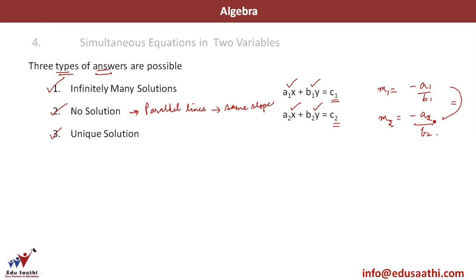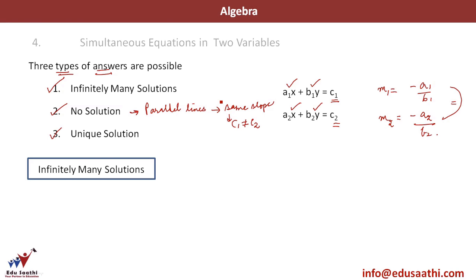But what I need to look at is that c1 and c2 are not the same in that case. If they are the same, it will no longer be a parallel line. In fact, it will come out to be a coincident line. We'll discuss it.